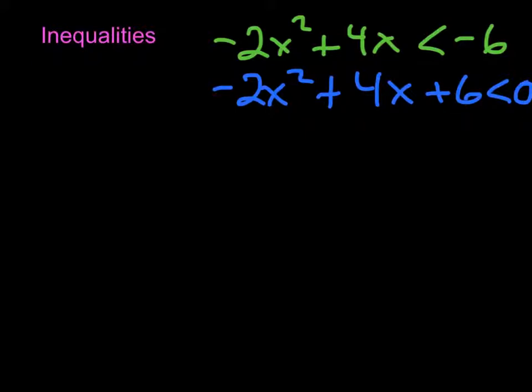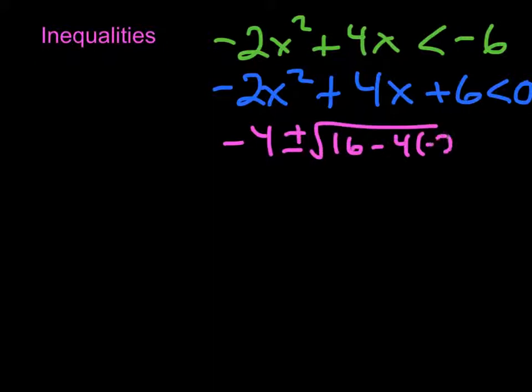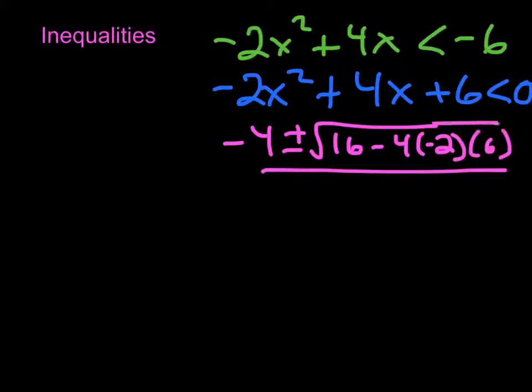I can look to see if I can factor this, but don't waste any time trying to factor it. You can always use the quadratic formula. So I'm just going to plug this in: opposite of b, plus or minus the square root of b squared, which is just 16, minus 4 times negative 2 times positive 6, all over 2 times negative 2.